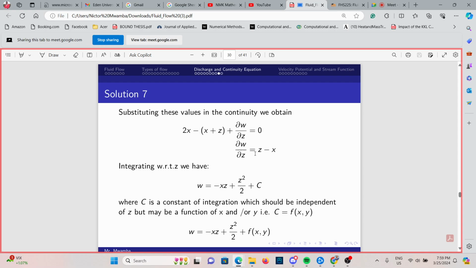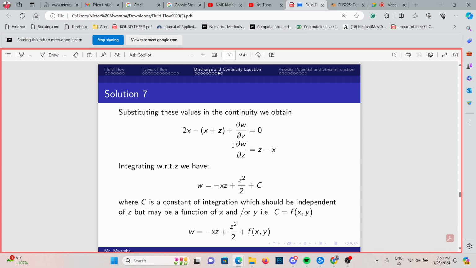Okay, this derivative will be equal to z minus x, but this is a derivative with respect to z. So you do what is known as the antiderivative, which is integration. Since this is a derivative with respect to z, you are going to integrate it with respect to z.